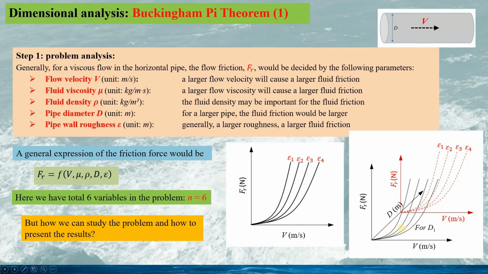So these 4 curves for D1 and these 4 curves for D2. However, if we consider different viscosity and different density, the problem would become very complicated. In that case, we might need a lot of such plots for different viscosity and different density. Therefore, we can see the problem if we use the direct way to study the problem.